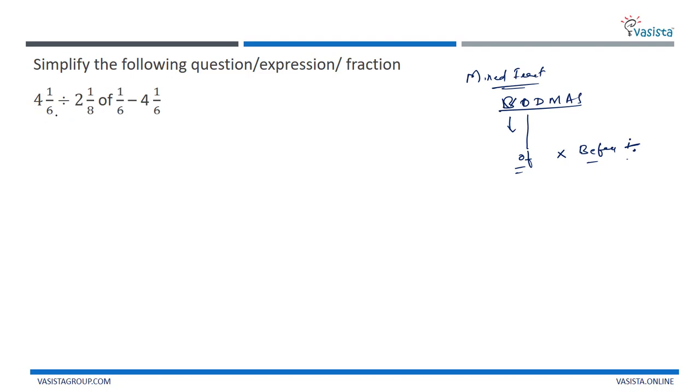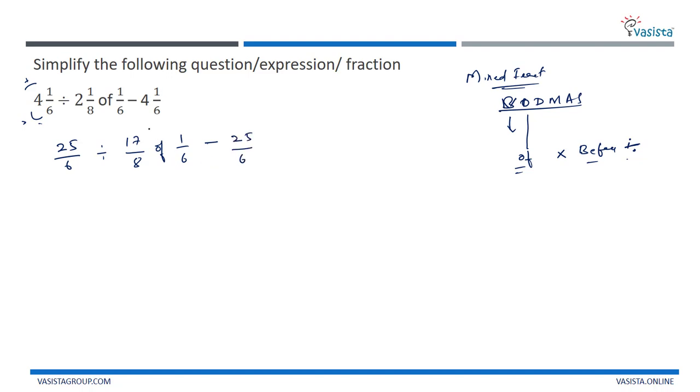Let us first convert it into improper. 6 4s are 24 plus 1, 25. Here you need to multiply and you need to add it. 25 by 6 divided by 8 2s are 16 plus 1, 17 by 8 of 1 by 6 minus 25 by 6.